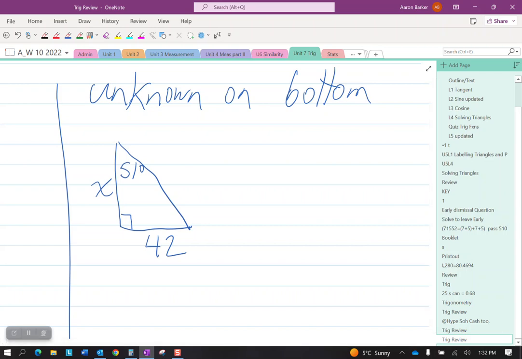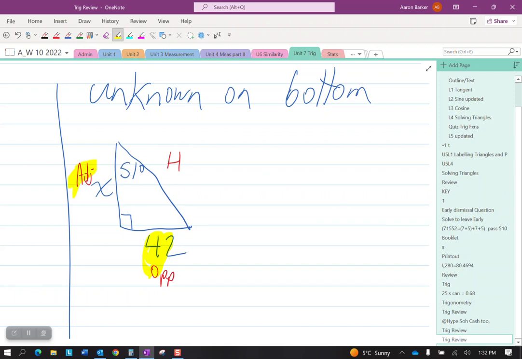Go, label your HOA. So we have H, which we don't care about. Opposite side is 42. The adjacent side is x. Which sides do we care about?